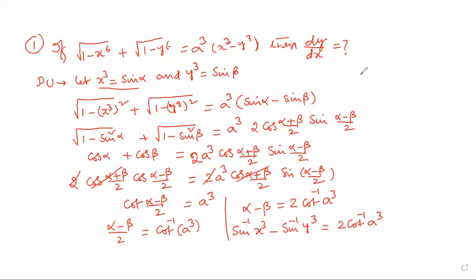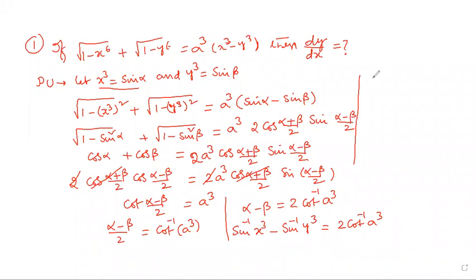Now apply the derivative. Sine inverse has no single x term. After the standard form, immediately the chain rule is required, because there is no single term.